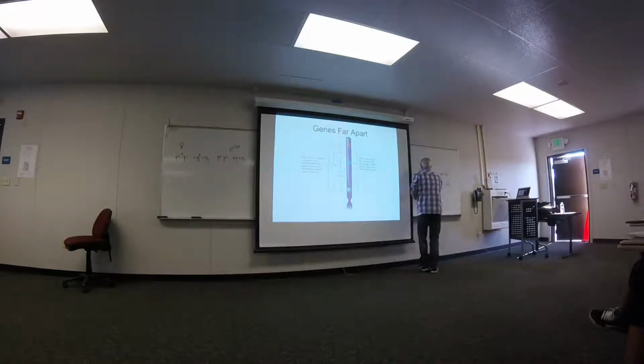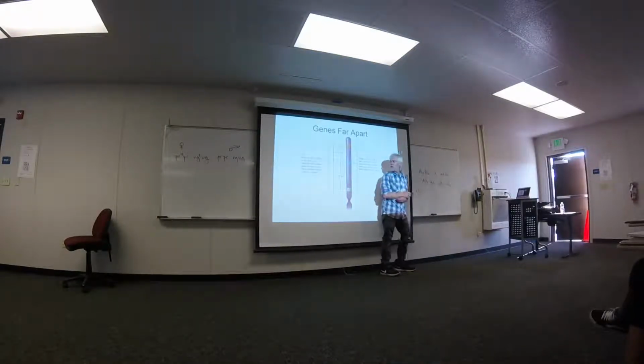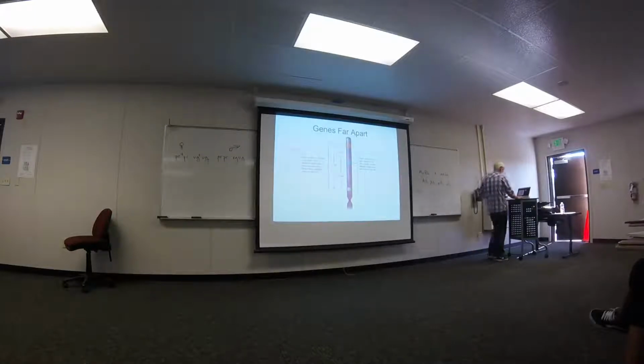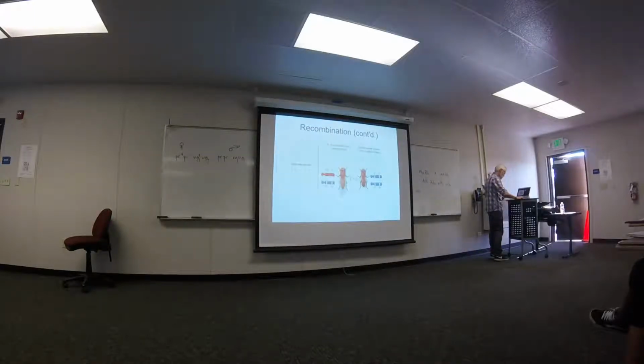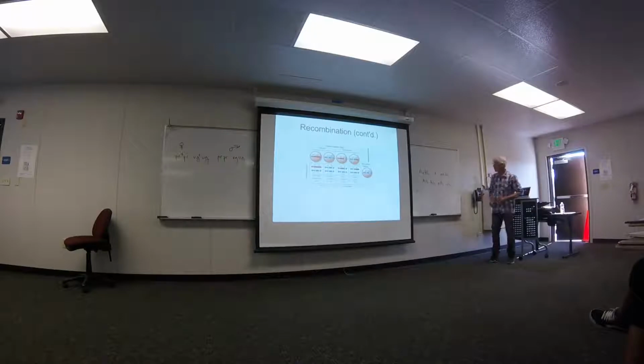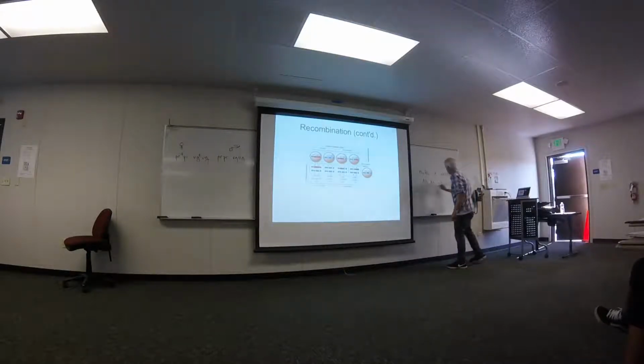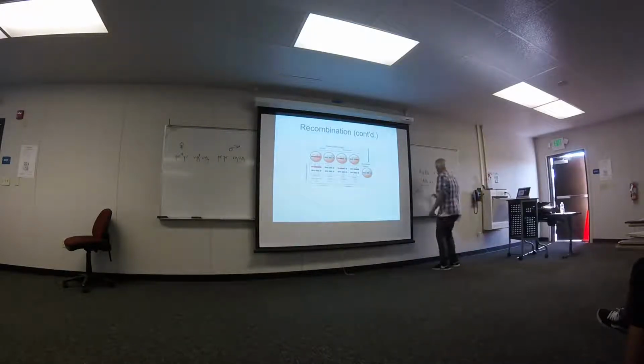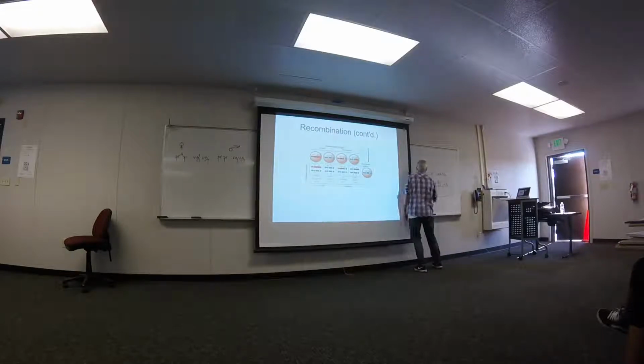And this parent is the one type. So here's our back cross, just like you see here. We have four unique phenotypes here.